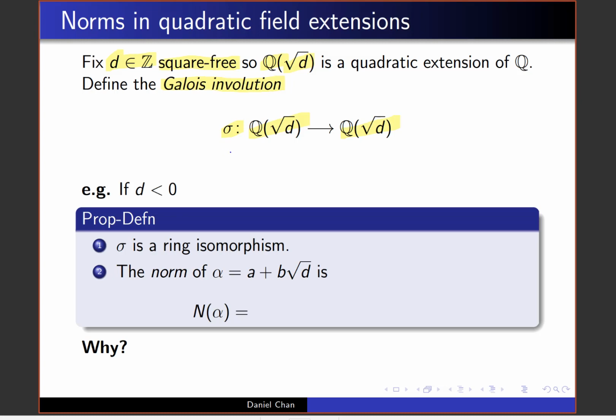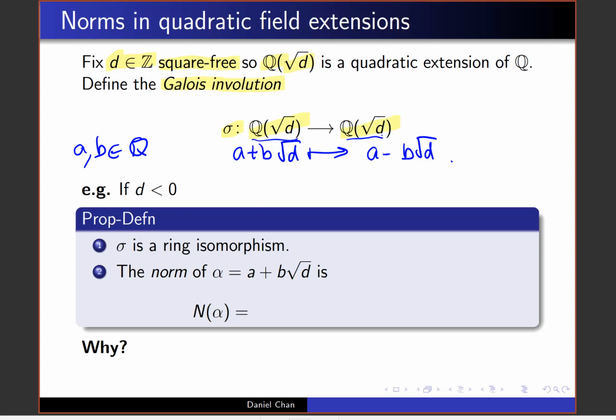The elements inside here are just of the form a plus b root d, where a and b are rational numbers. And what we're going to do is send a plus b root d to a minus b root d. Okay, so that's certainly a map from this Q(root d) to Q(root d).